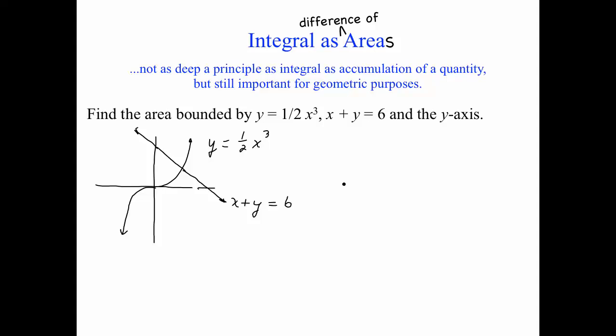So can you see which region that is? The 2 curves and the y-axis. Is it exhibit A or exhibit B? Okay, with the y-axis, you should see it's this one here. So we've got our region, and we want to determine that area.